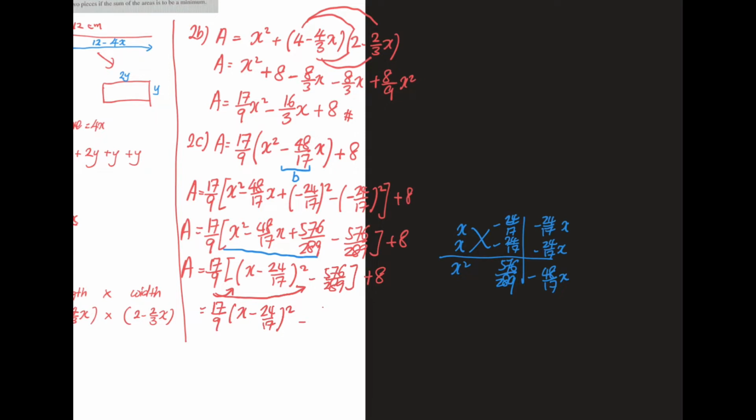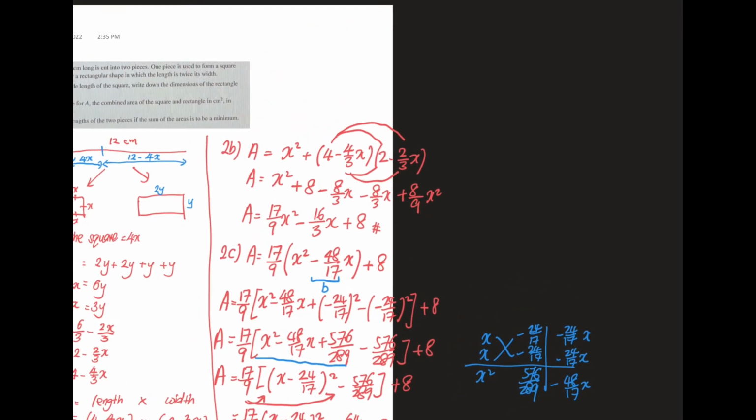So I get negative 64 over 17 plus 8. Then minus 64 over 17 plus 8, so I end up with positive 72 over 17. Okay, so we get this after completing the square.